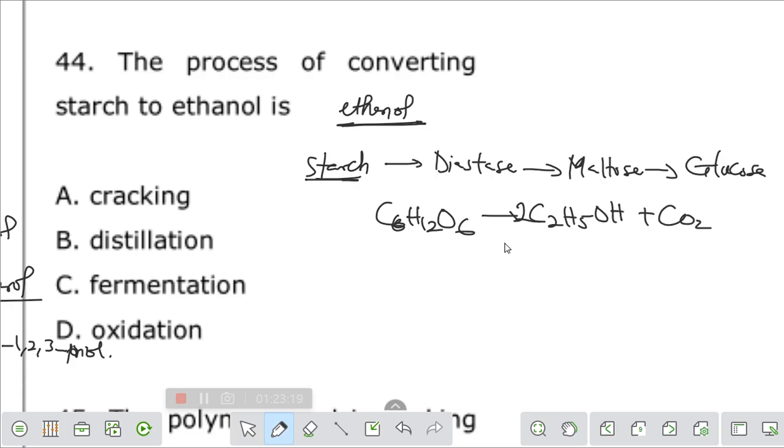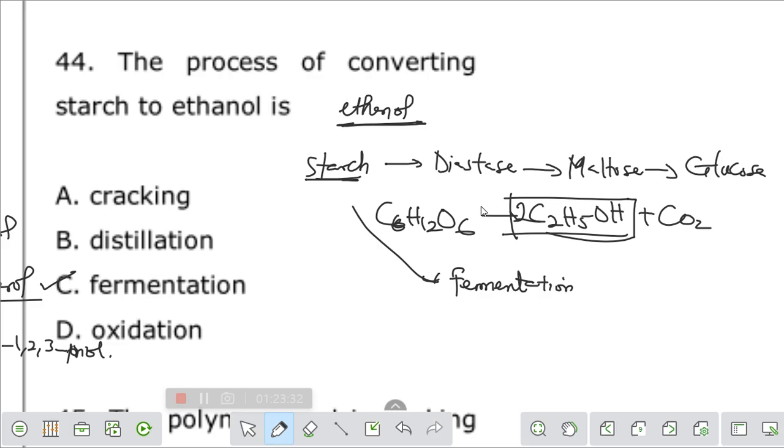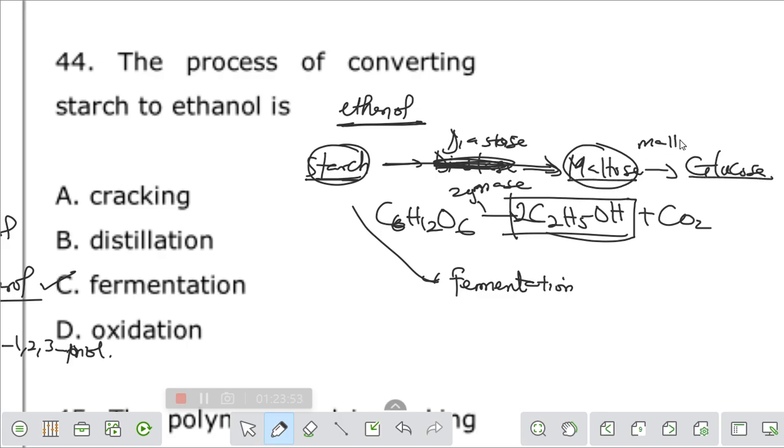What's the name of this process? I told you it is called fermentation. So the answer is option C. The enzyme we use here is zymase, not diastase. The enzyme that works when we convert starch to maltose is diastase. The enzyme that works when we convert maltose to glucose is maltase, while the enzyme that works last is zymase.